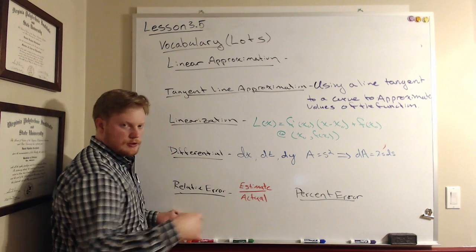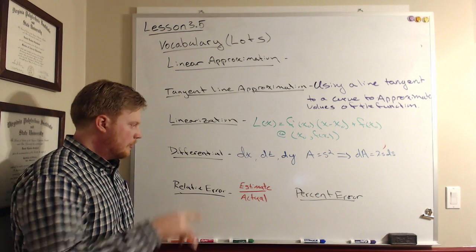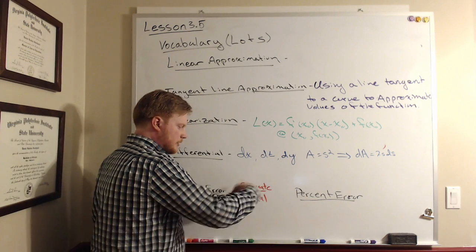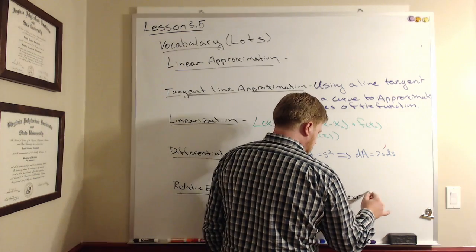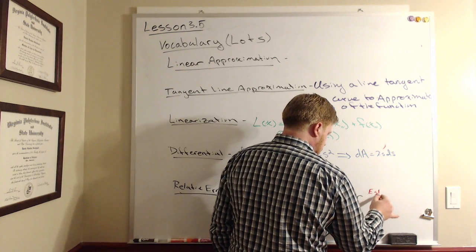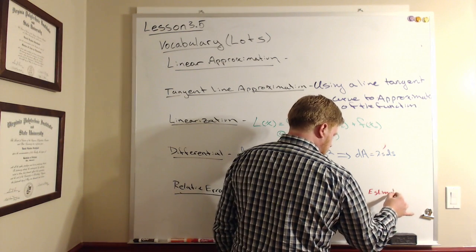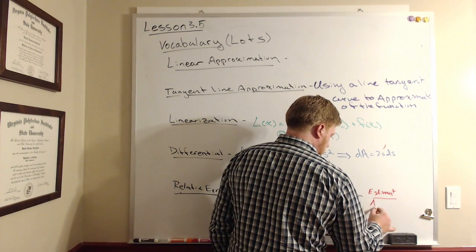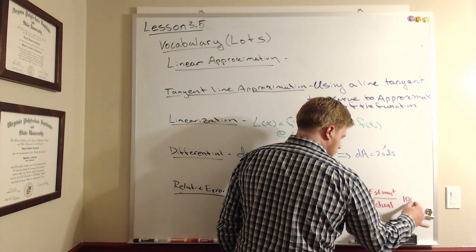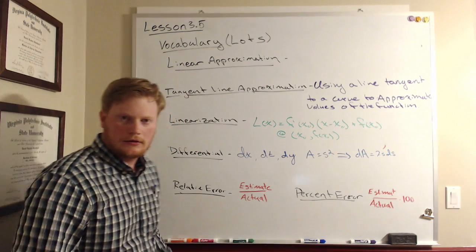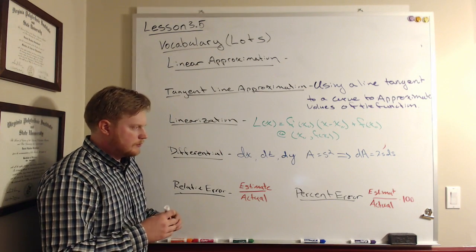And that'll make more sense when we get to the example. The percent error is just this represented as a percentage: estimate over actual times 100, which gives you a percentage.